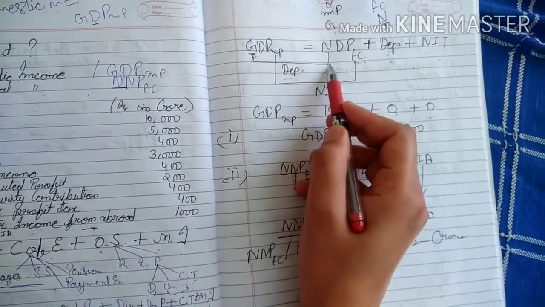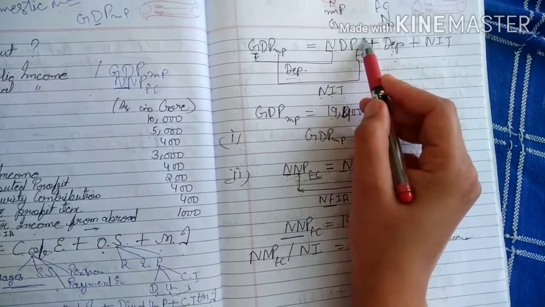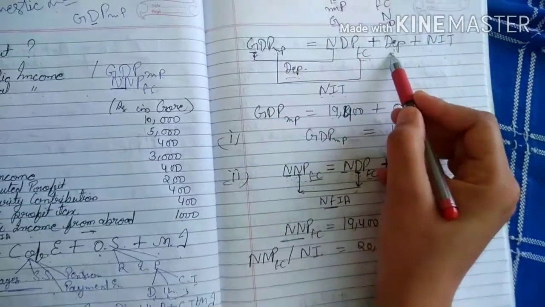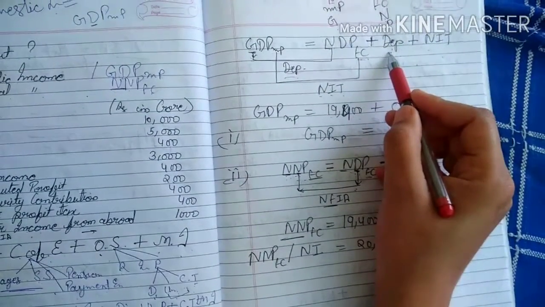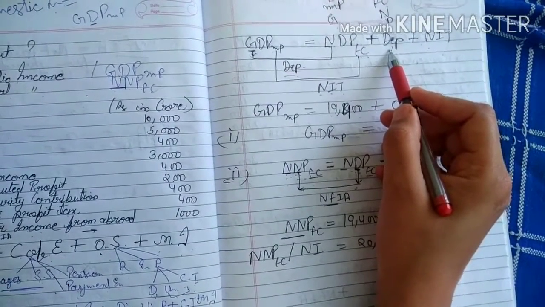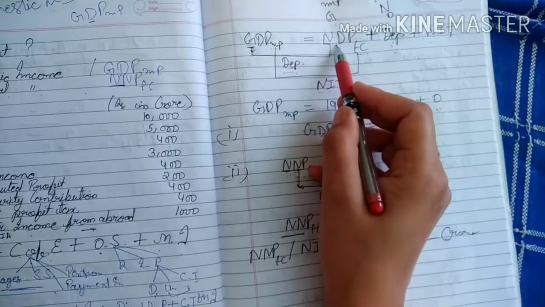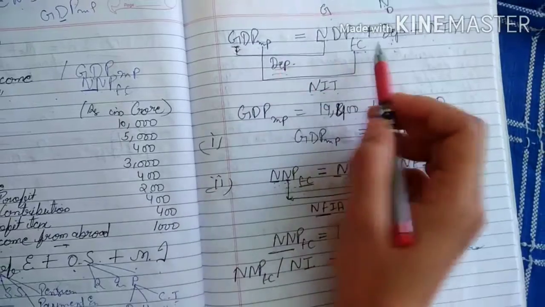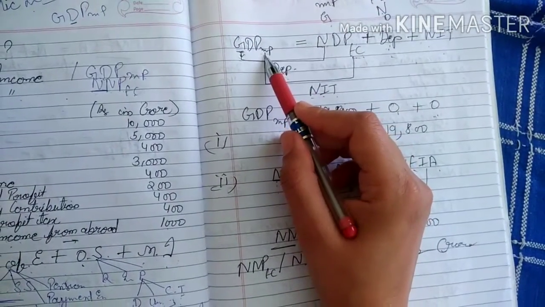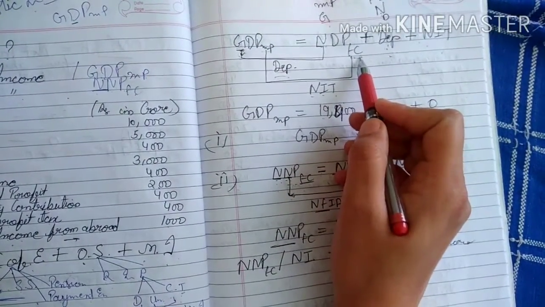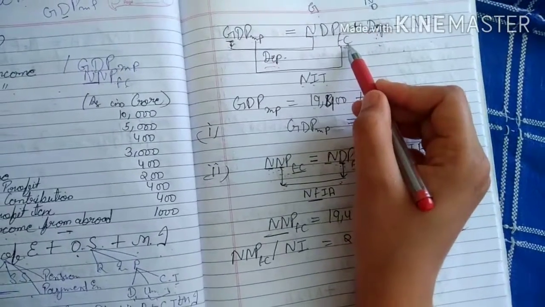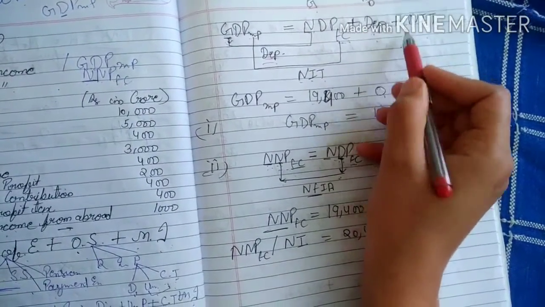So in small we always add the difference. So add, it means plus, and difference is depreciation. So I'll add plus depreciation. Okay, now second position, D and D same, PP same. Next one is also different, market price and factor cost. Factor cost is small one, it means in small we always add, so plus.